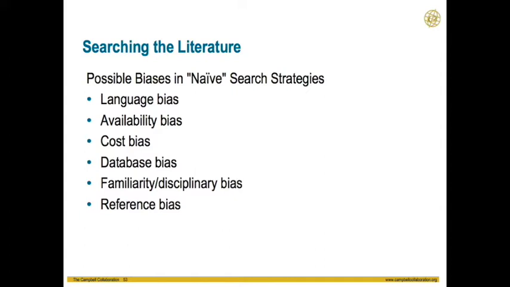So we know that there's extensive literature that shows that, for instance, studies published in English, those indexed in certain databases, those that are freely available, those that are in your own discipline may be more likely to have statistically significant effects than those that maybe are less easy for you to access.